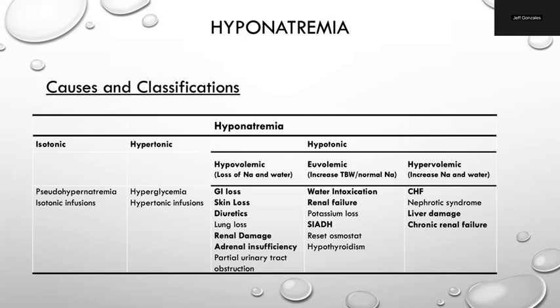In states of high antidiuretic hormone, hyponatremia will ensue and is one of the more common causes of hyponatremia. For hypervolemic hyponatremia, there's an increase of sodium and water. Examples may be the patient has congestive heart failure or chronic liver damage.